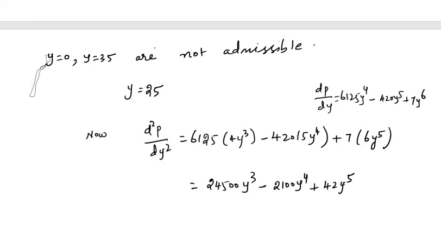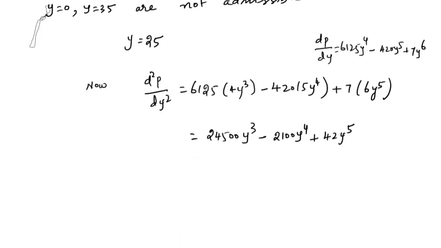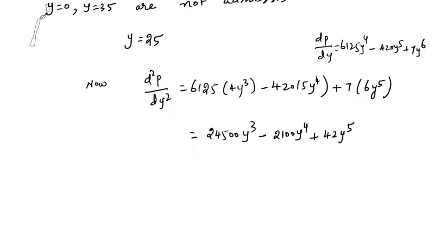Now we have to find the value of d square p by dy square at y equal to 25. We need the sign of the second order derivative at y equal to 25. How to write this one? See here, d square p by dy square, this is the way of writing at y equal to 25.